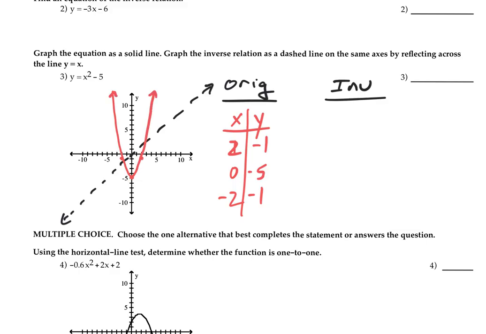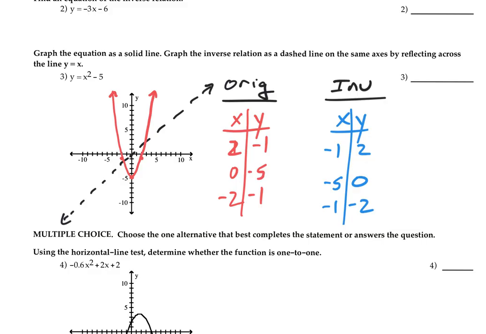So there's our original graph, plotting those 3 points. Okay, I'm just going to do mine in a different color. I know it says a dashed line versus a solid line, but I'm just going to do mine in a different color. We're going to flip-flop the 3 ordered pairs that we have.